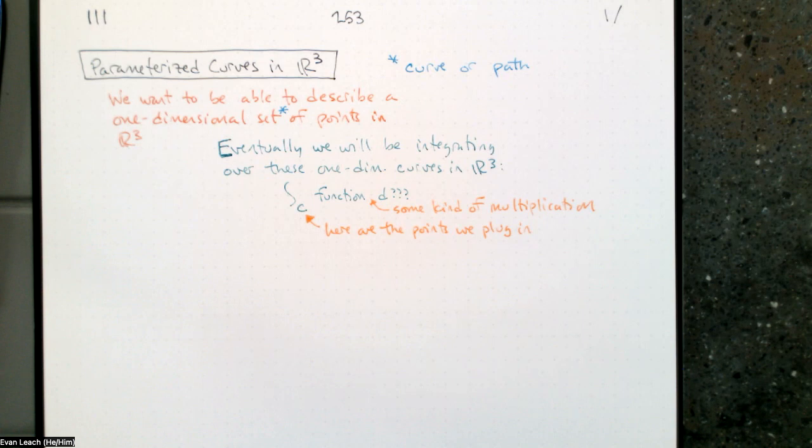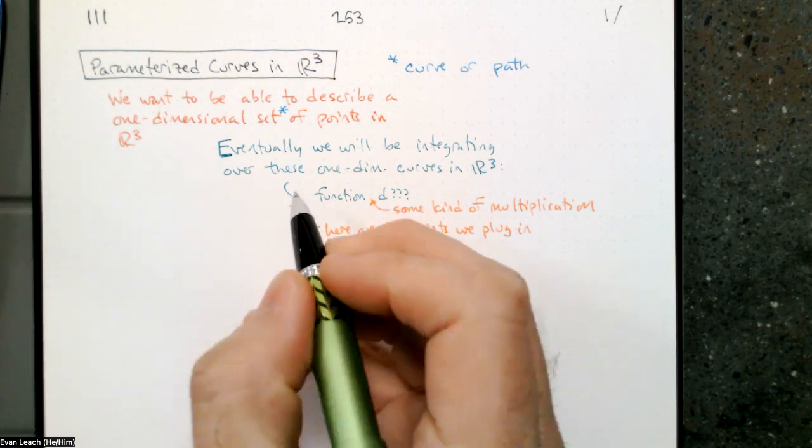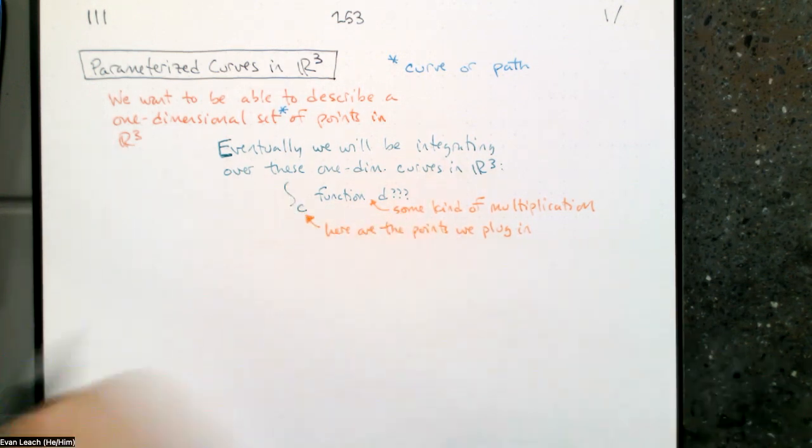That we're going to be forced to do, and at least pretend to be interested in. Eventually, we will be creating an integral that uses this one-dimensional path as the set of things we plug in to the integral. Remember, all we're doing in an integral, the integral part is describing a set of points that we plug into our expression.